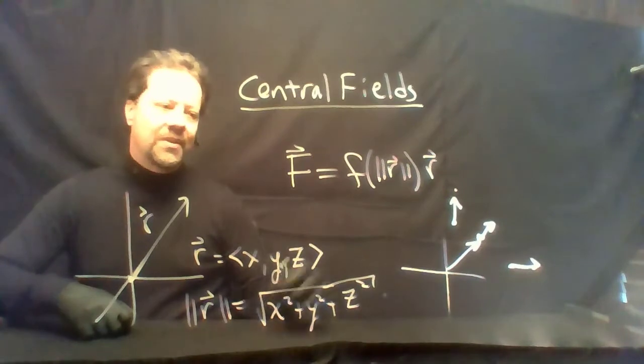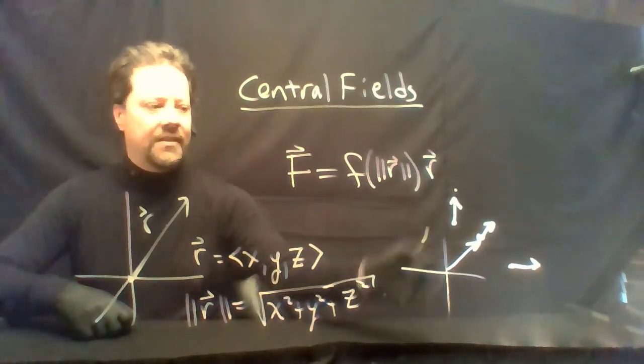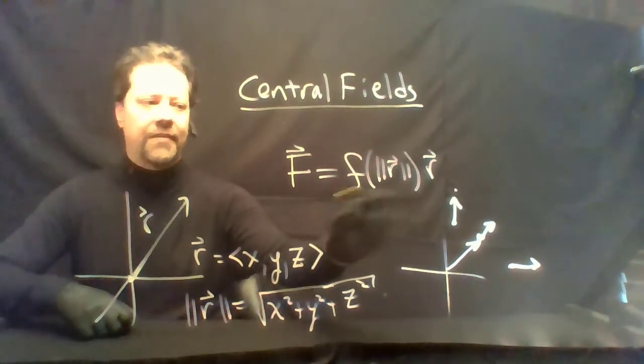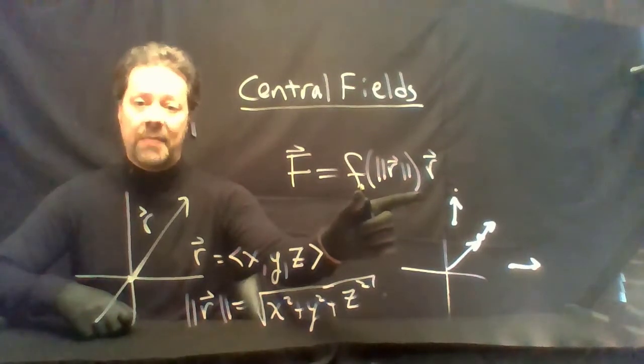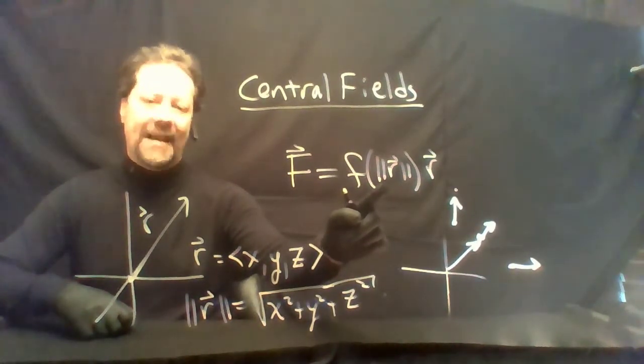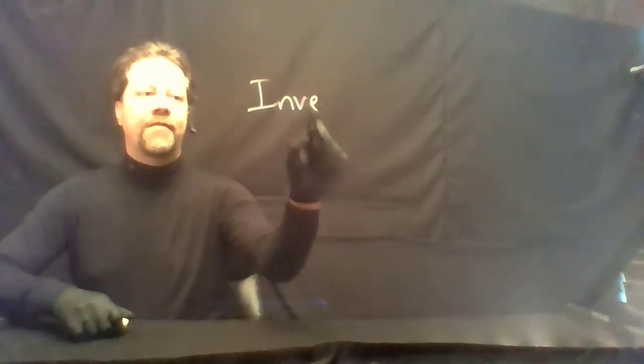And so the fundamental element of a central field is it points either away from or towards the origin, depending upon whether or not the function f is positive or negative, but will only depend upon the magnitude of the position vector.